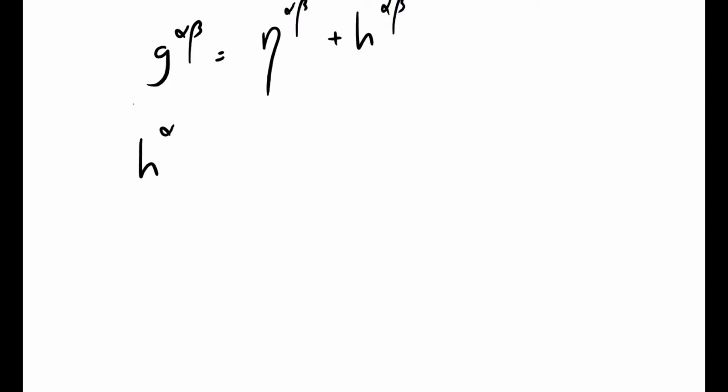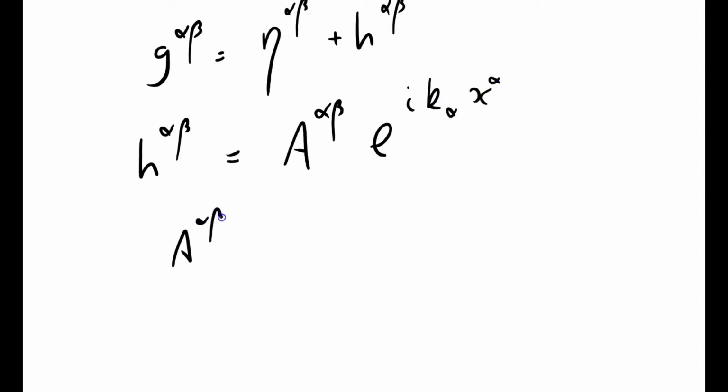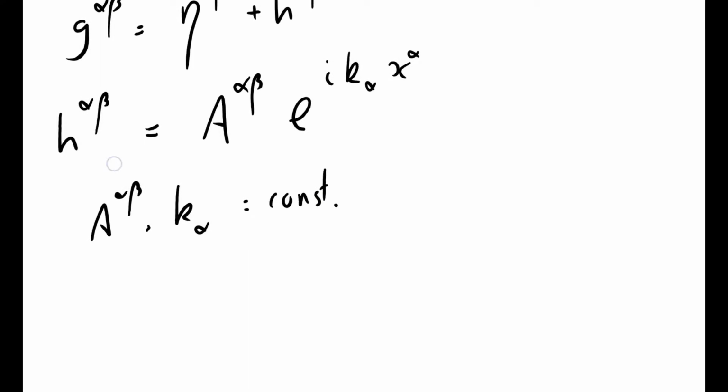And the expression for the small thing is a second rank tensor A times e to the i k alpha x alpha, where the A matrix and the 4 vector k are constant, and it's conventional to write k alpha equals omega, 0, 0, omega, so we can think about different frequencies for this thing.